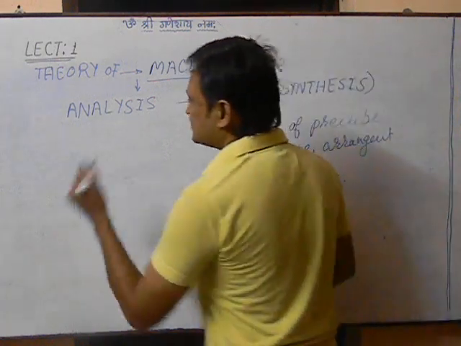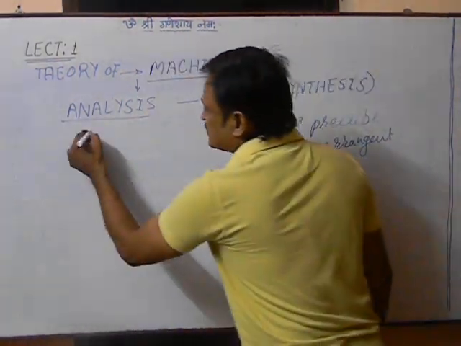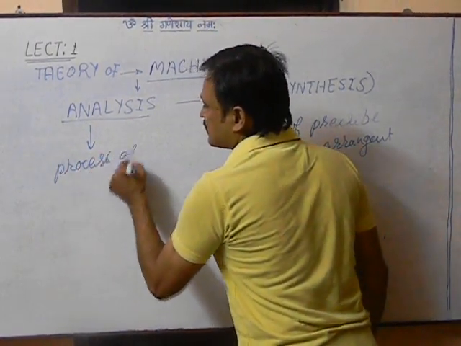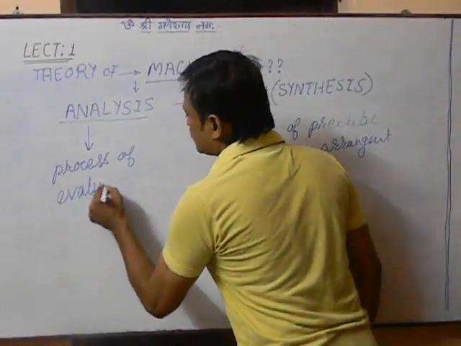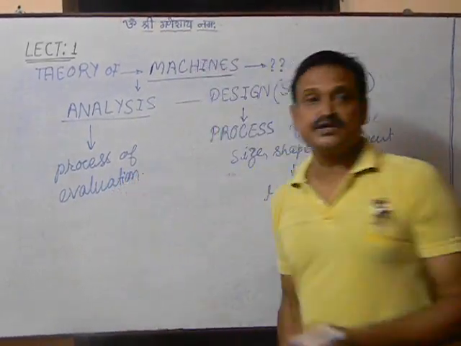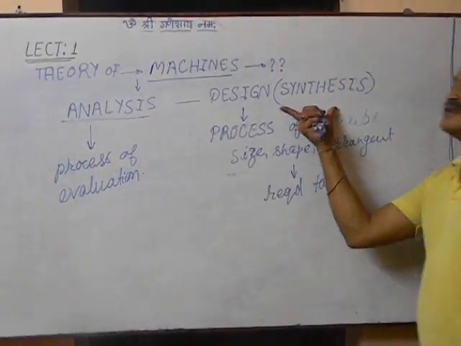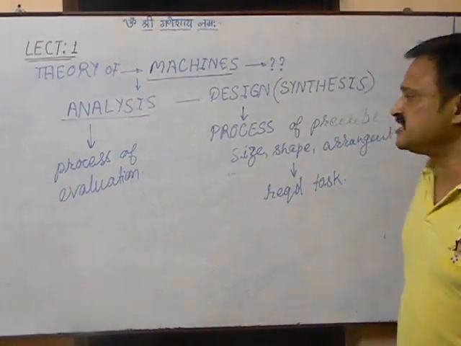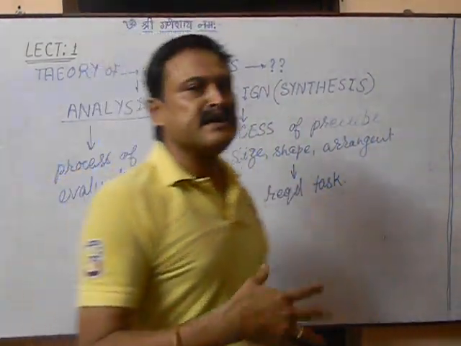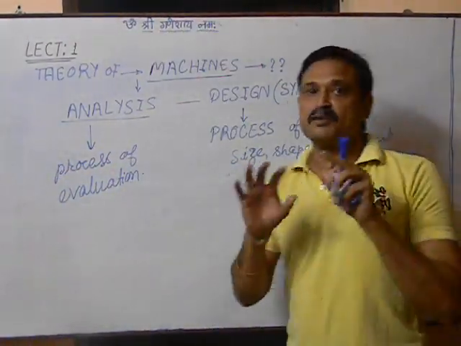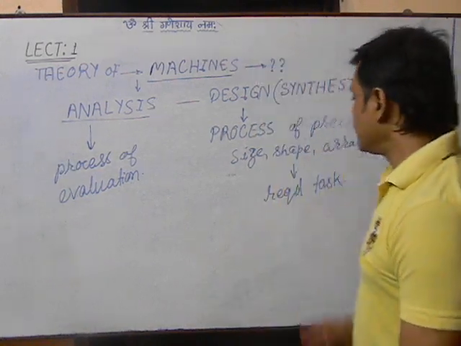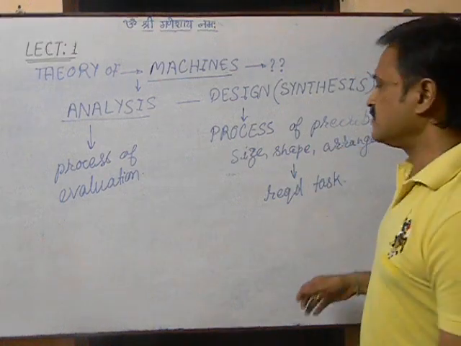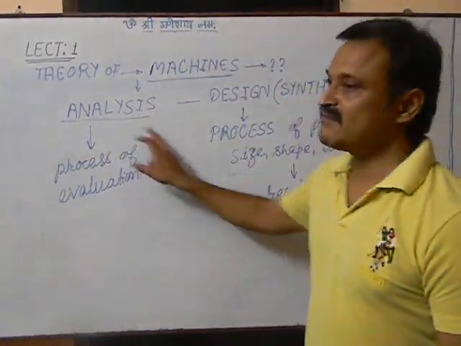The other aspect of the study. Analysis is the process of evaluation. Evaluation of what? Evaluation of a machine which we have designed. Like I have designed one machine, now I have to evaluate because I am designing it to perform some specific task. Whether I am able to achieve that required level of work, I need to have an evaluation.